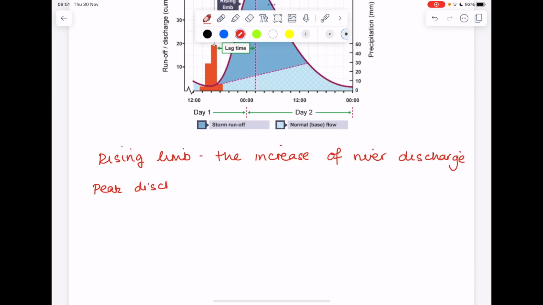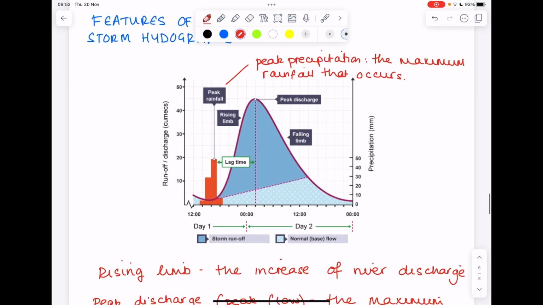You may also see this described as peak flow. The thing with geography is there's lots of names for the same thing. Because there is that delay between the peak precipitation or peak rainfall and the peak discharge, due to that time taken for the water to flow into the rivers, we call that delay the lag time.